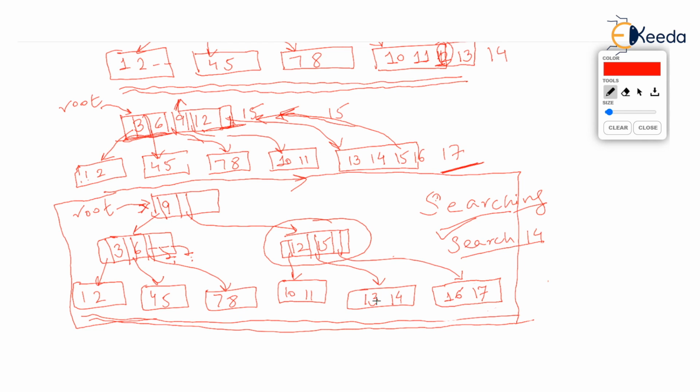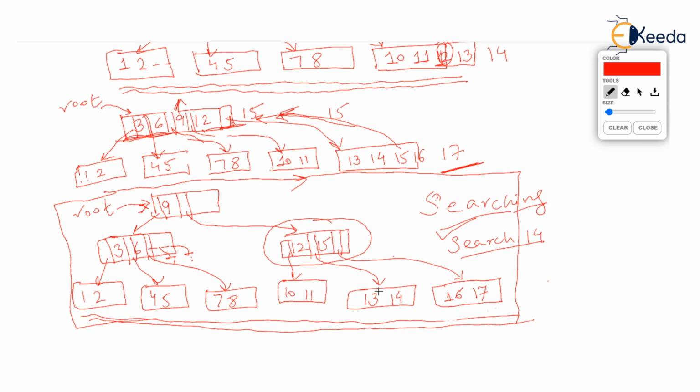And finally, we checked the node which was storing 13 and 14. So in this big data of 20 values, 1 to 20, to search one value like 14, we had to search only 3 nodes. Hardly 3 nodes, isn't it?